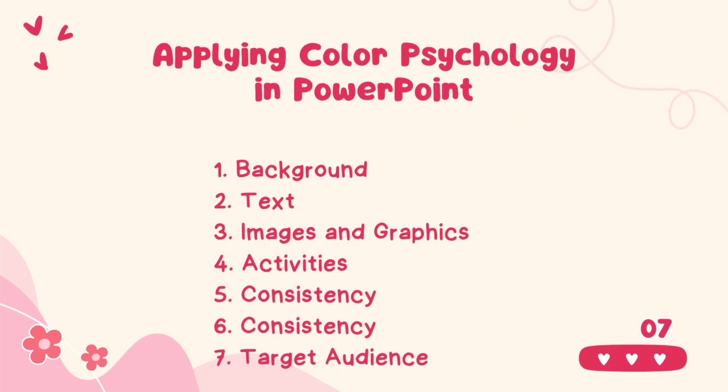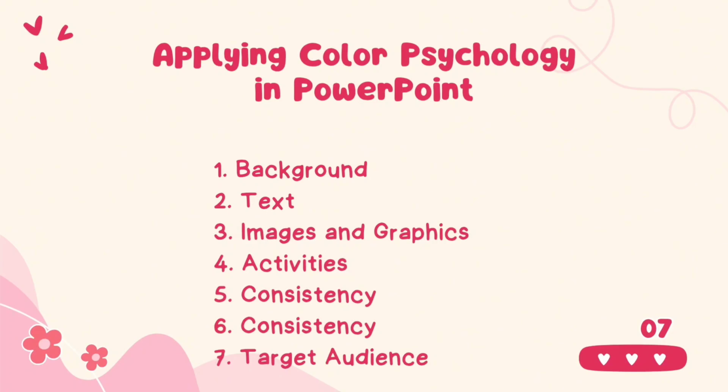The third, images and graphics. Choose image and graphic colors that are consistent with the theme of your presentation and the message you want to convey. Use colors that are eye-catching but not distracting. Fourth, emphasis.